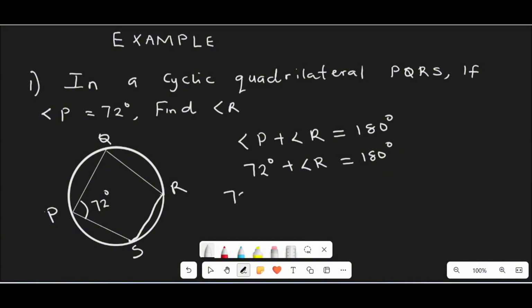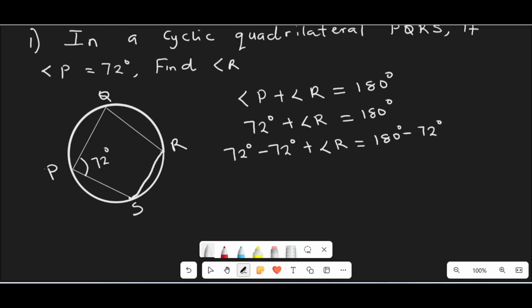So 72 degrees minus 72 degrees plus angle R equals 180 degrees minus 72 degrees. 72 degrees minus 72 degrees gives us 0. So angle R equals 180 degrees minus 72 degrees, which is 108 degrees. That's our answer.